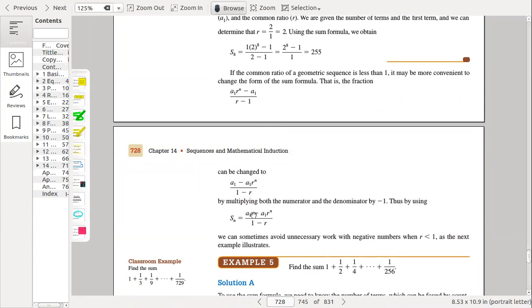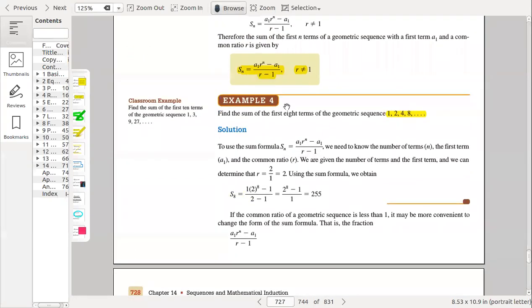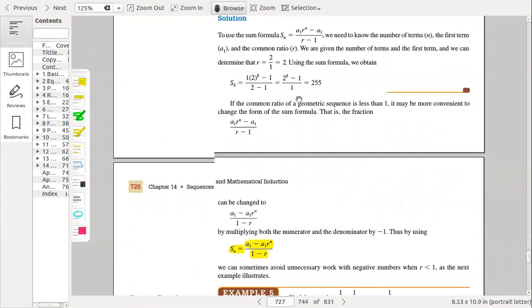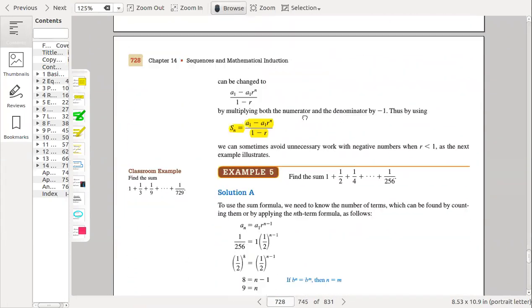Thus Sn is equal to a1 minus a1 r power n over 1 minus r. This formula can be used if the common ratio is less than 1. If it is not the case, you can use the previous formula. Even if you use this formula in both cases, it doesn't change anything, so nothing to be worried.